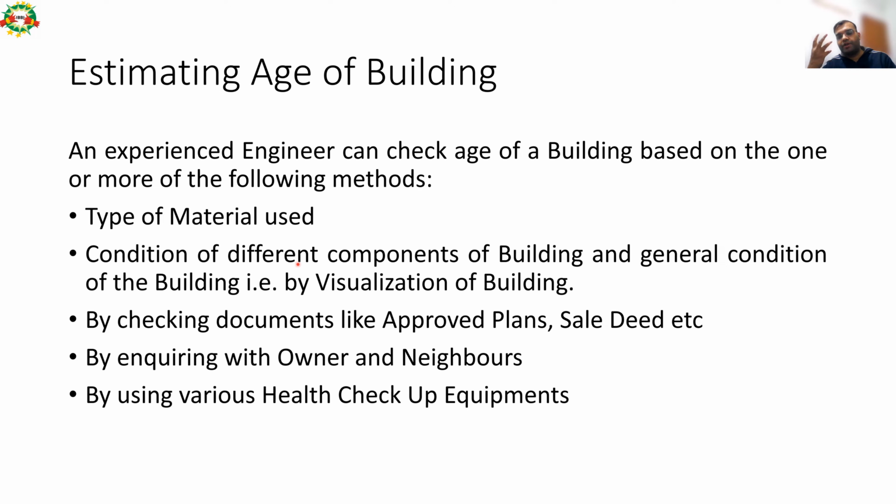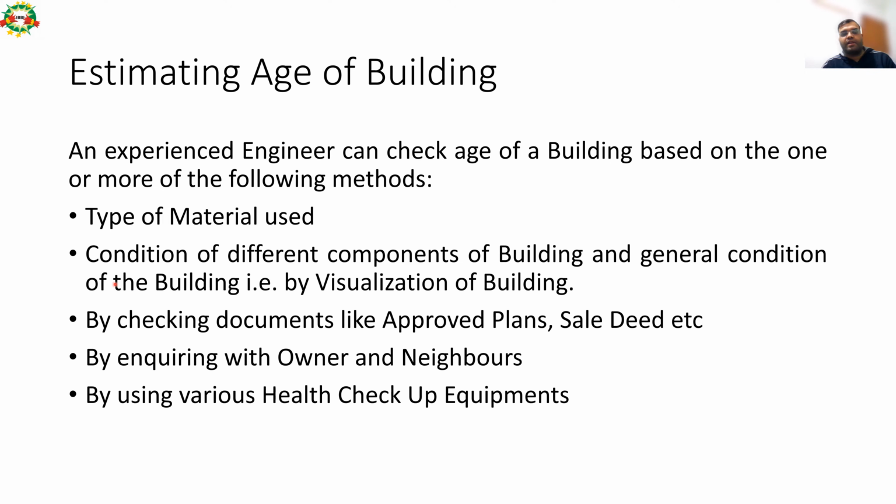In a few locations, mosaic flooring in white cement was in trend. Then tiles were in trend. Vitrified tiles were in trend almost 5 to 10 years back. So after checking the type of building material used in the building, as a valuer I can have a fair idea of the approximate age of the property.